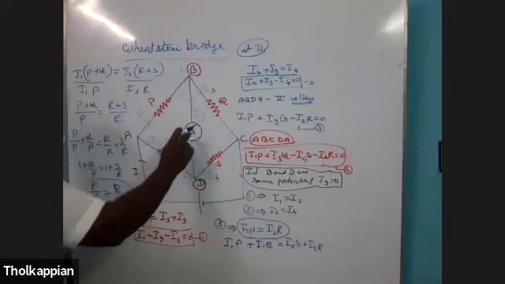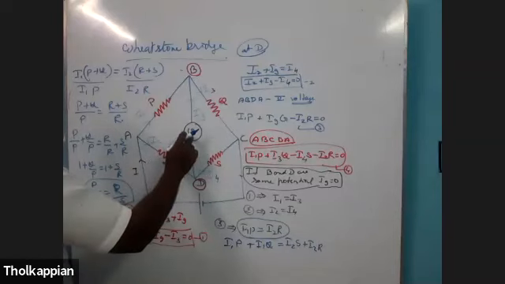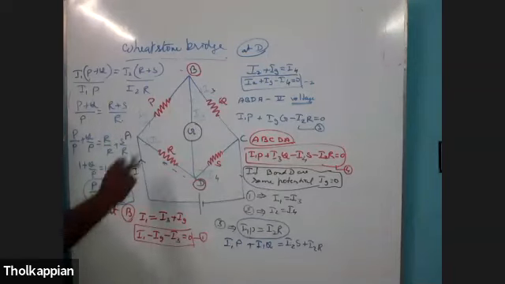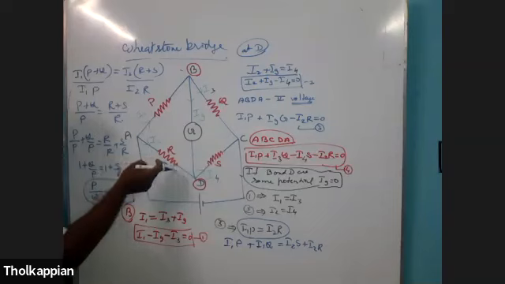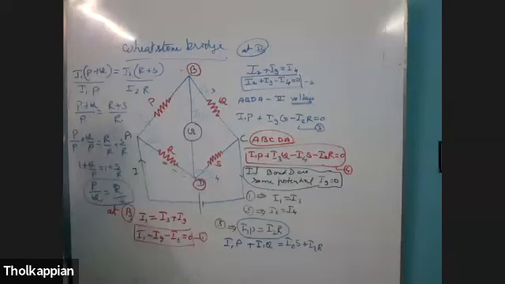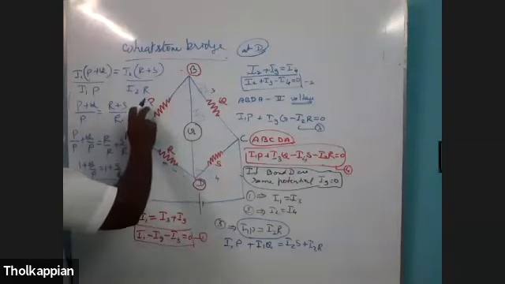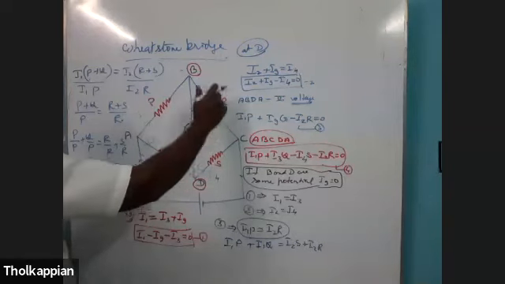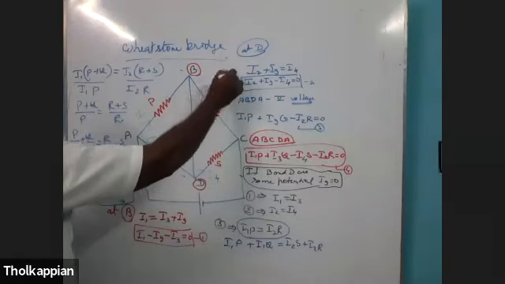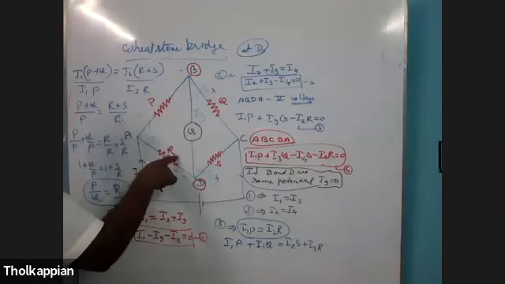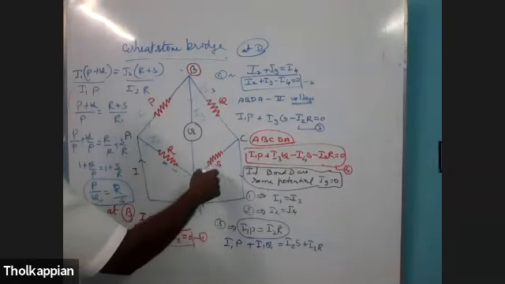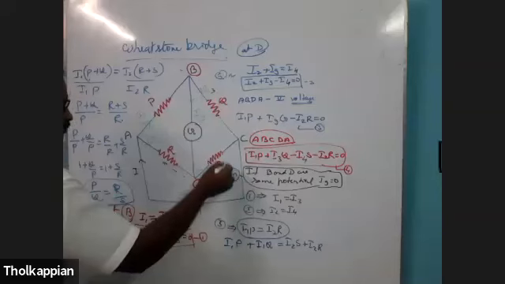See, here this value became 0. If the galvanometer current became 0, the ratio of P and Q is equal to the ratio of R and S. Dividing the P resistance by the Q resistance, if you get 5 ohms, for instance, and dividing the R resistance by the S resistance, the same 5 ohms will come.